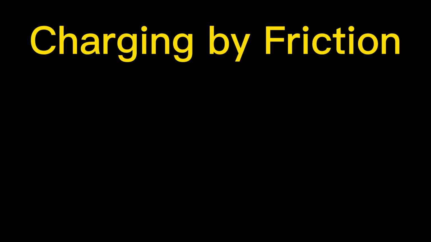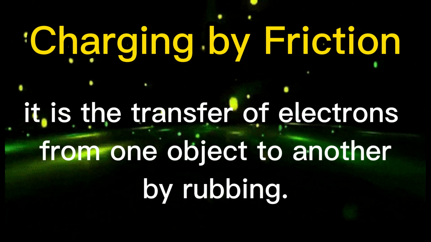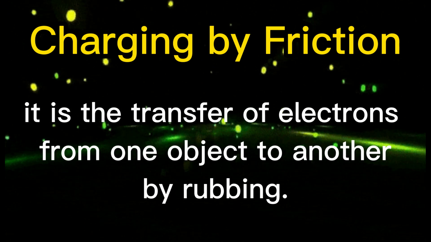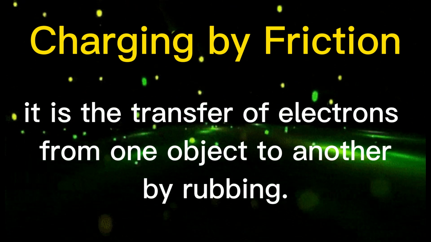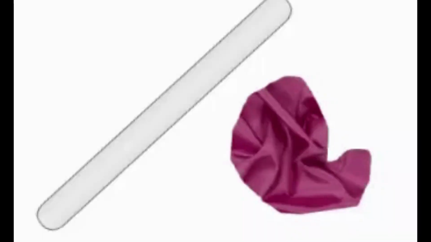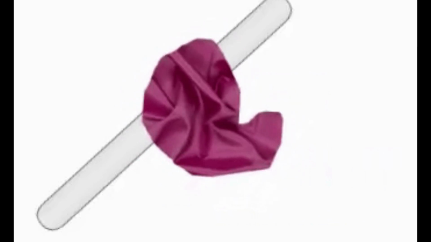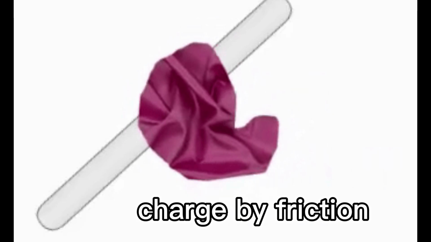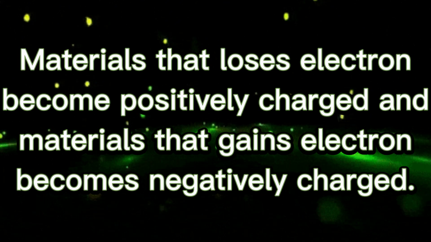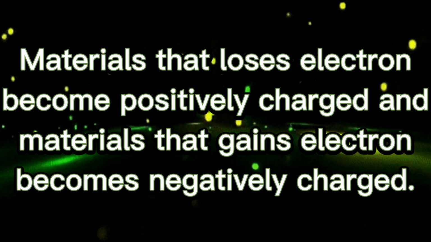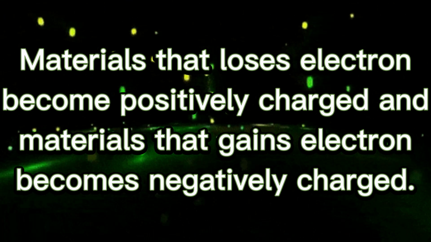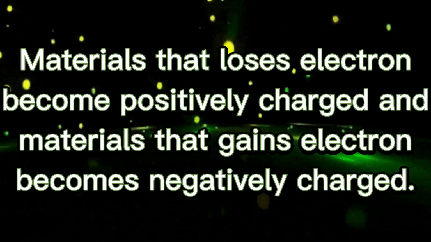Let us talk first about charging by friction or rubbing. It is the transfer of electrons from one object to another by rubbing. When you rub one material to another, they are charged by friction. Material that loses electrons becomes positively charged, and material that gains electrons becomes negatively charged.